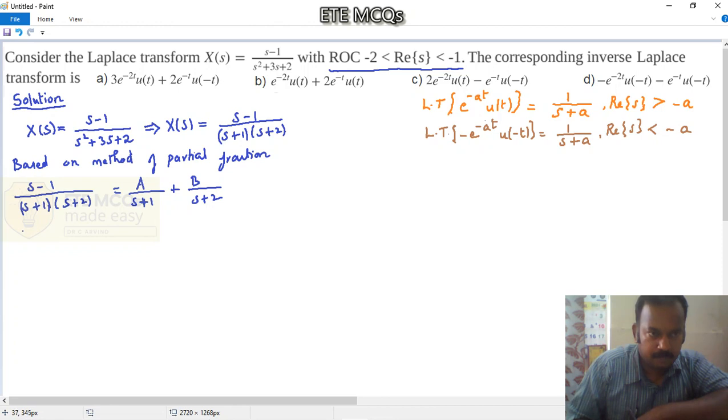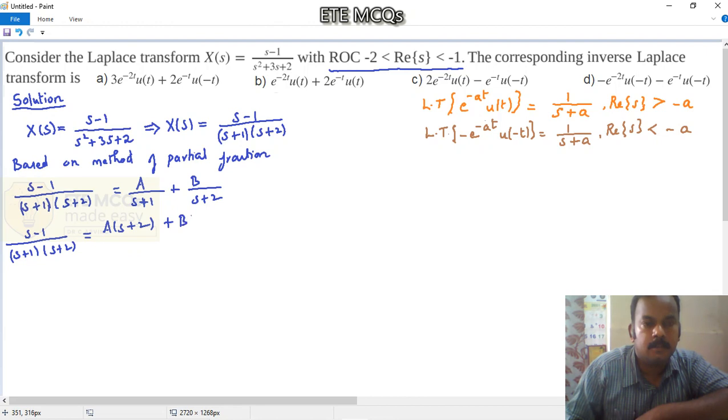Which can be further rewritten as (s minus 1) divided by (s plus 1)(s plus 2) equal to [A into (s plus 2) plus B into (s plus 1)] divided by (s plus 1)(s plus 2).